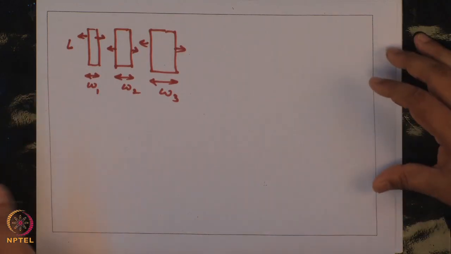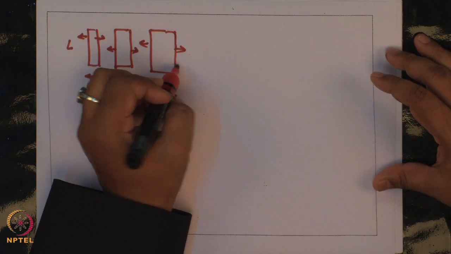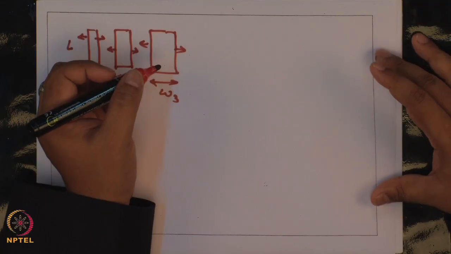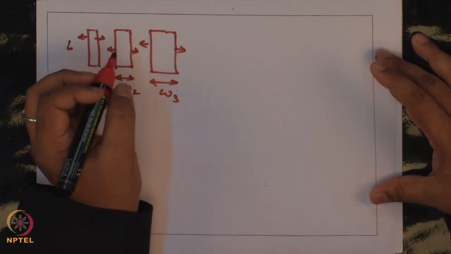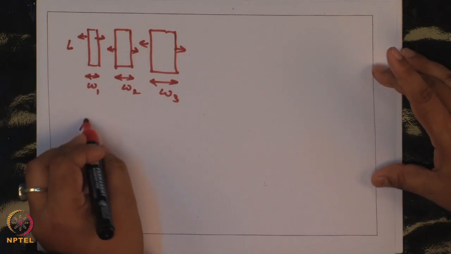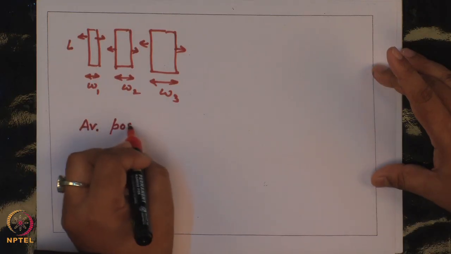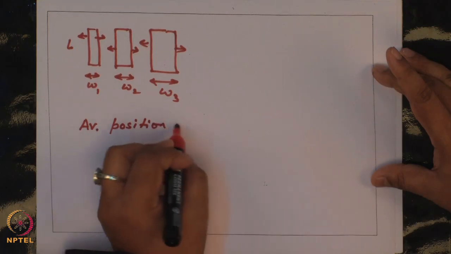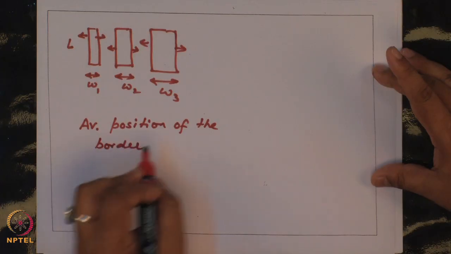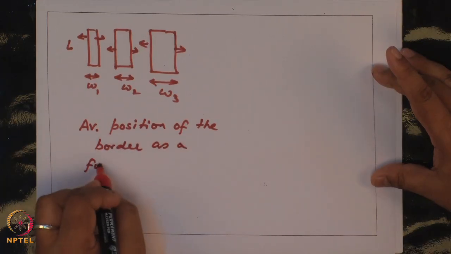Okay. So, what they tracked was essentially for each edge which moved outward, they tracked the average distance moved, or average position of the border. So, you have the border, you track the average position of the border as a function of time.